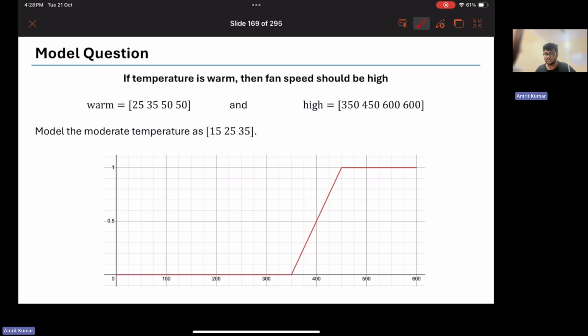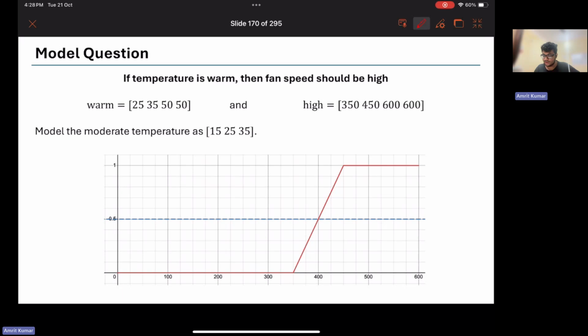Now, having obtained the similarity value, let us modify our consequent fuzzy set B, which is nothing but fuzzy set high, in order to get our output fuzzy set B dash. So this is our fuzzy set B equals high. Let us draw the line y equals 0.5, or y equals S, and then do the clipping.